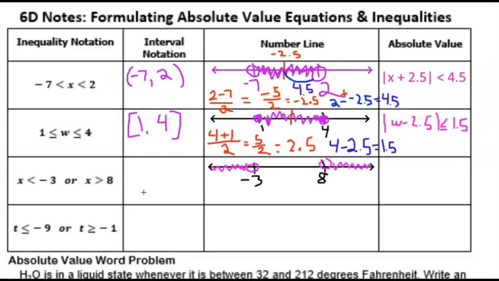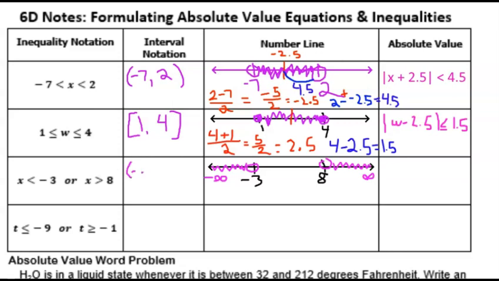Since we have two pieces, we're going to have two intervals as well. Notice this arrow pointing to the left forever, that's going to be a negative infinity. The arrow pointing to the right forever will be a positive infinity. So we'll write our two intervals.